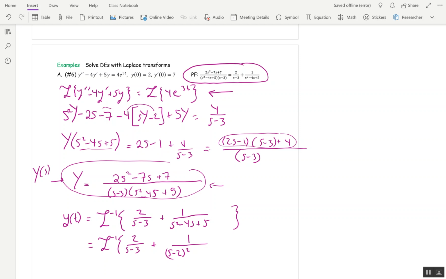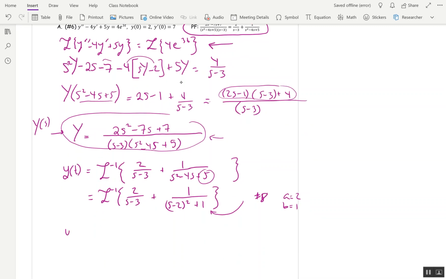That'll give me s squared minus 4s plus 4, but I have plus 5, so I want to add 1. So for this expression, I'm going to use number 8 in my table. I have my table here to the left of me. Let me just check. Yeah, it's number 8 with a equal 2 and b equal 1.